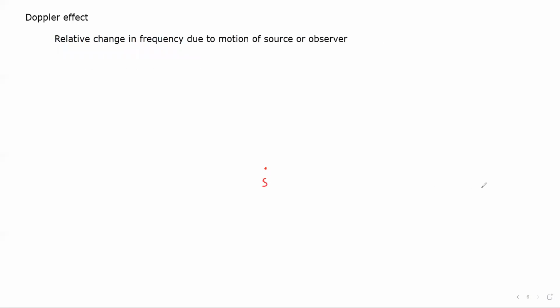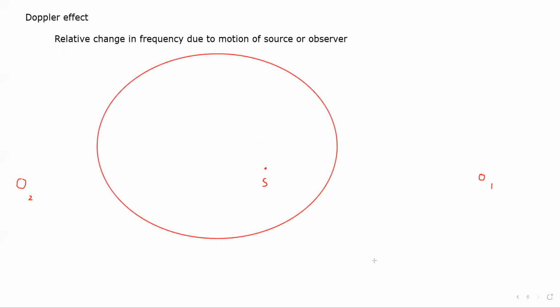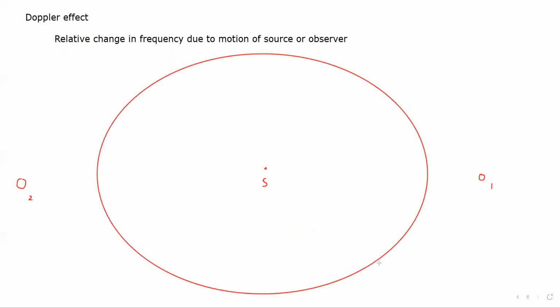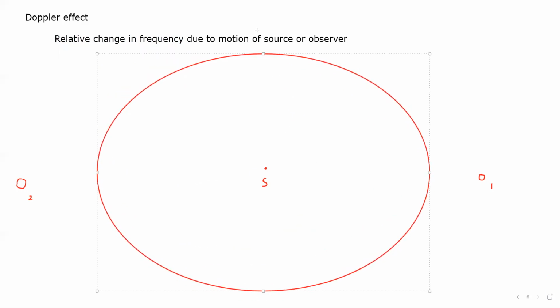For example, you have a source of any wave, it can be a sound wave, it can be a light wave, any kind of wave, because the Doppler effect is an effect in waves, and you have observer 1 and observer 2. Now what happens? First, the source emits a wave. This wave from position 1 will be concentric to the point where it is released.